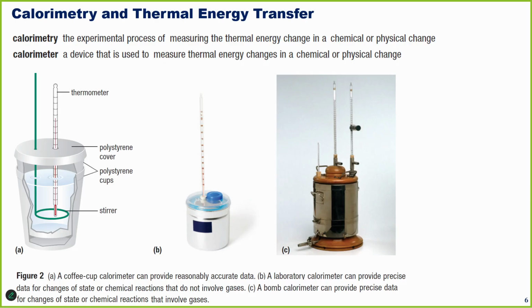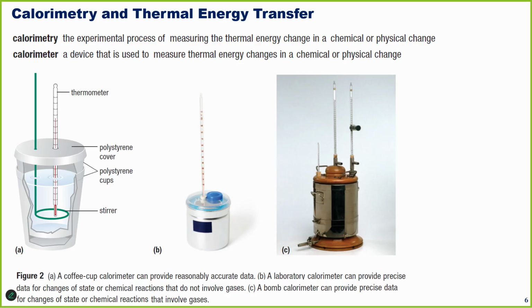Of course, a simple calorimeter can be made from 2 nested polystyrene foam cups and a lid to hold a stirrer and thermometer, as shown here in figure 2a. The inner cup is where the chemical system being studied, for example, a chemical reaction, is placed. The inner cup also holds a liquid, usually water. Any change in thermal energy of the system is detected as the temperature change of the water.